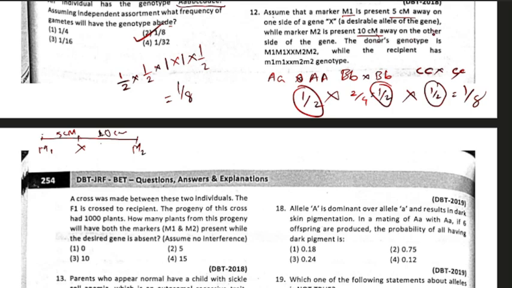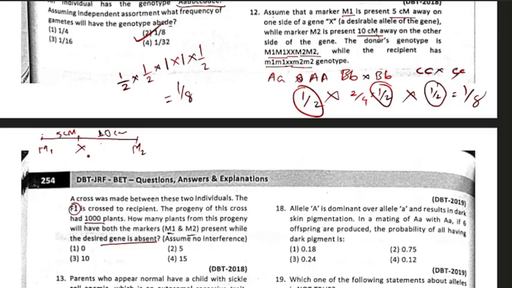Now the donor genotype is M1 M1, XX, M2 M2, while the recipient has small m1, small x, small m2 genotype. A cross is made between these two individuals, and the F1 is crossed to the recipient. Among 1,000 progeny plants of the cross, how many plants will have M1 and M2 while the desired gene is absent?